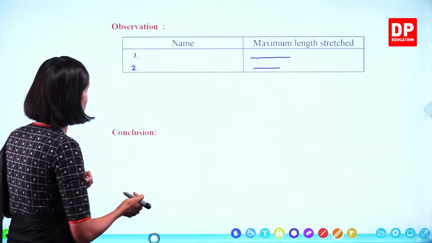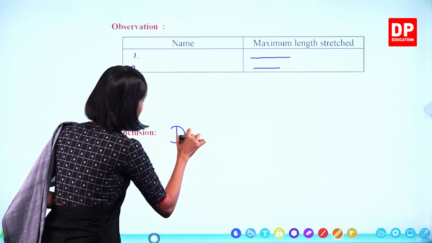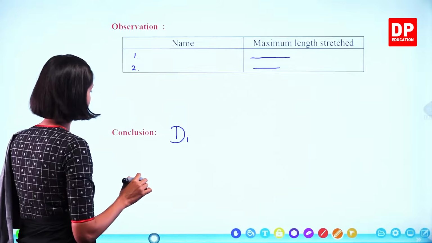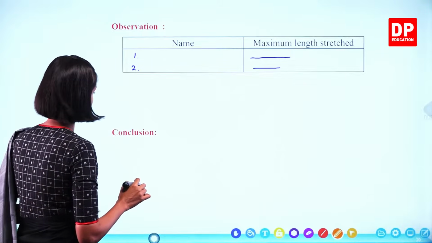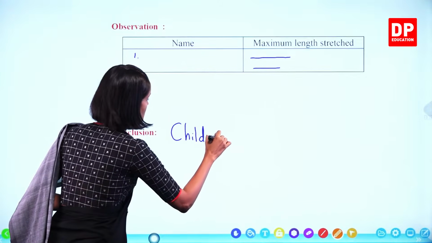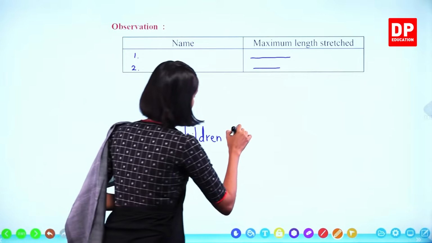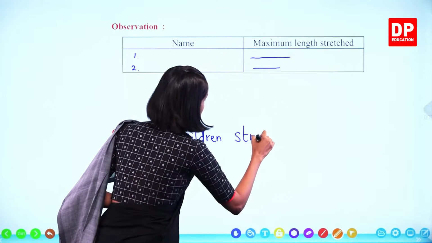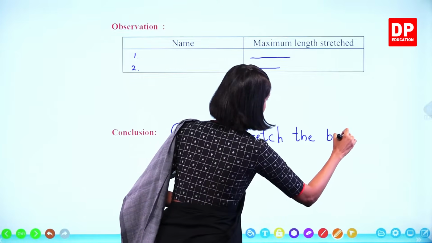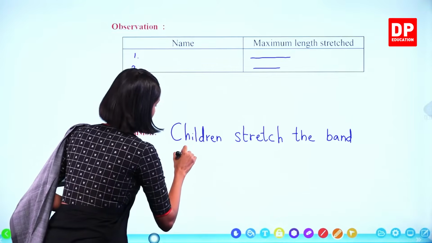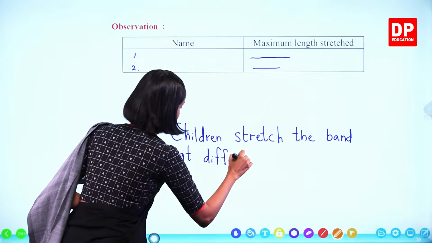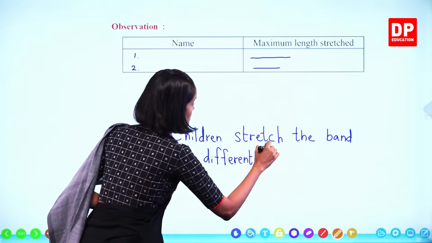We'll write the conclusion: different children stretch the band at different lengths.